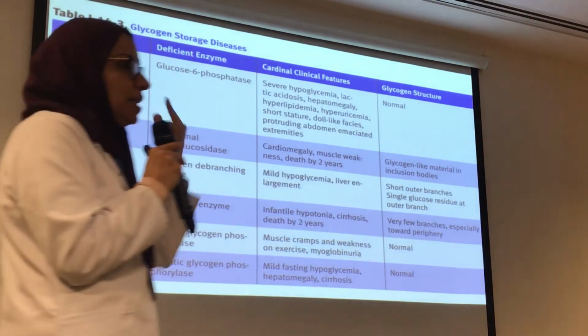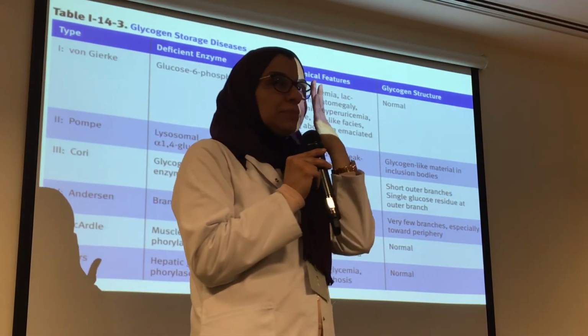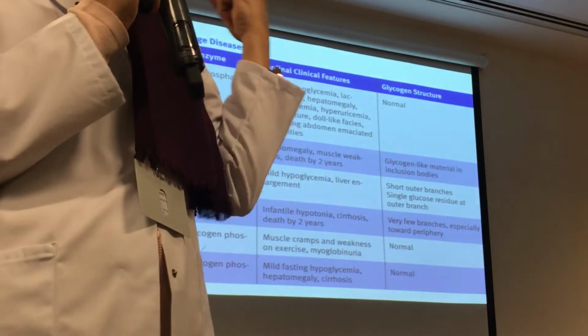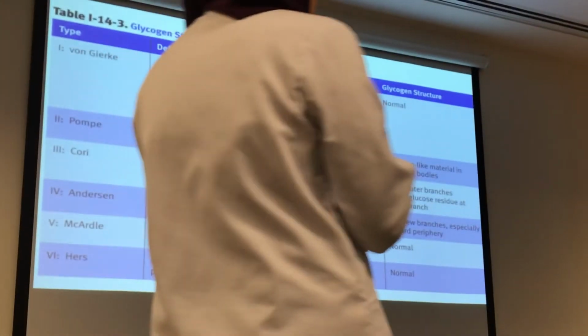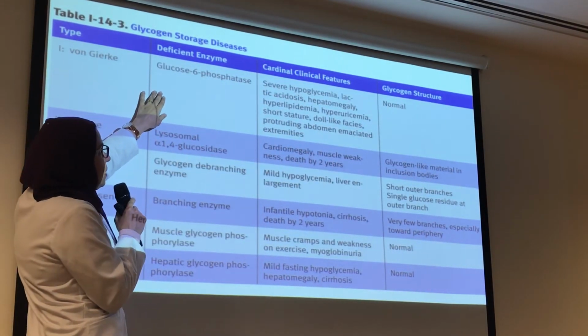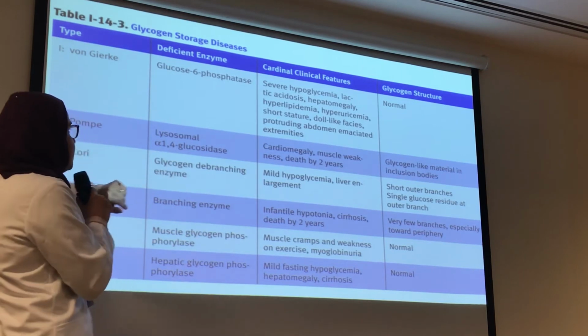We said the muscle doesn't have that enzyme because they want all the glucose for themselves. Only the liver has that enzyme, so this disease is affecting the liver enzyme.